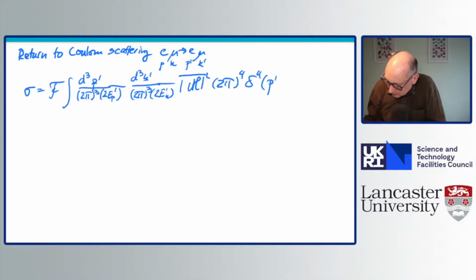So P prime plus K prime minus P minus K delta functional.